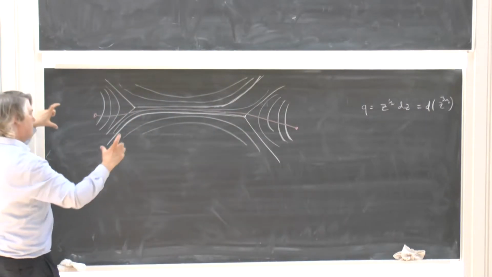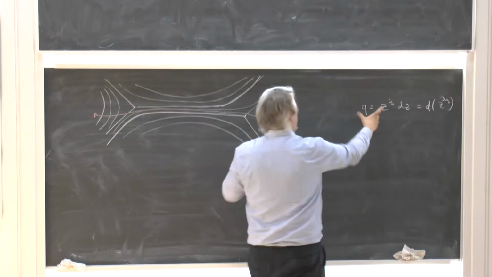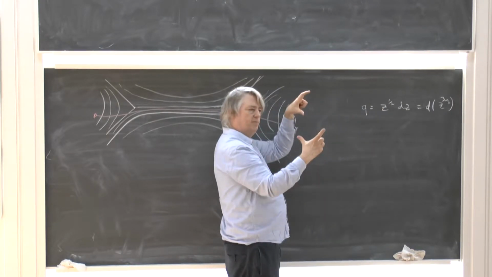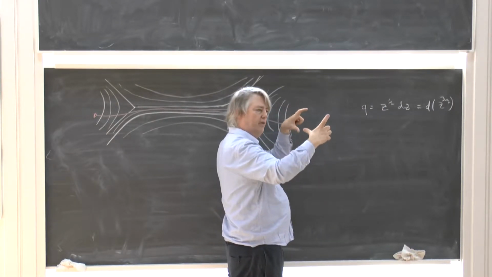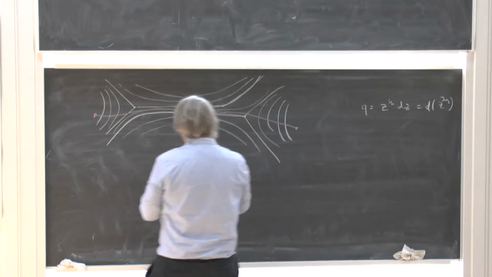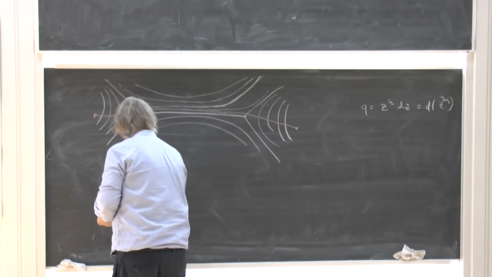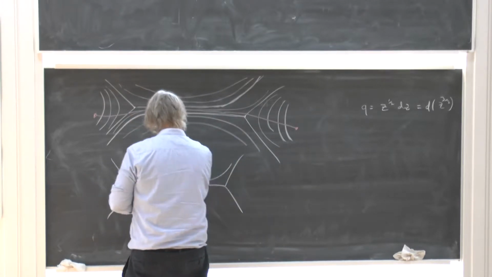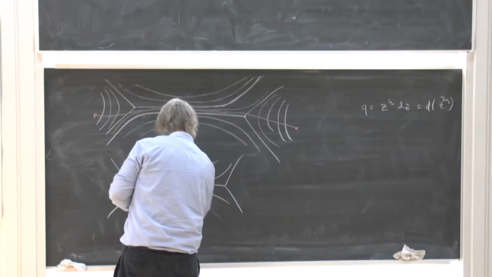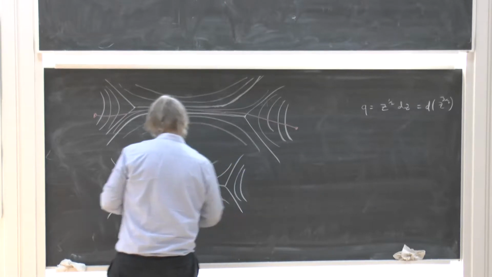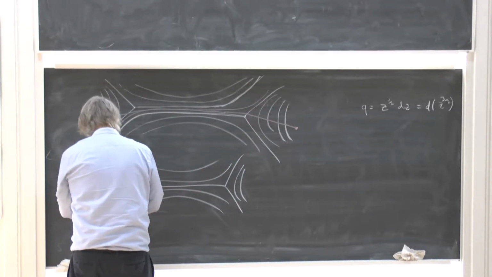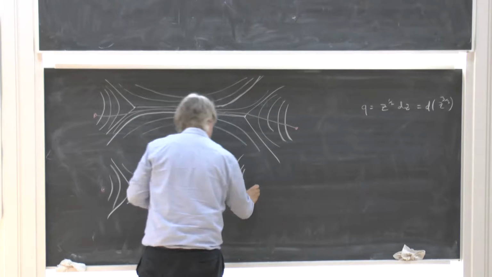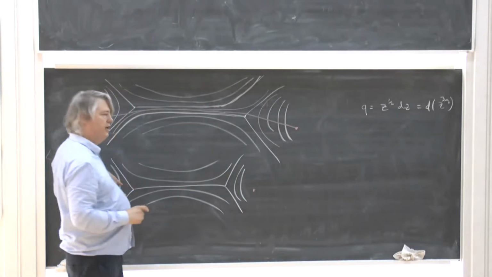Now, even if you just take the same quadratic differential but multiply by a rotation, as you tilt that rotation, at some point the picture is going to look like this. And now there's no way of going from here to here in a way that's transverse to the foliation.